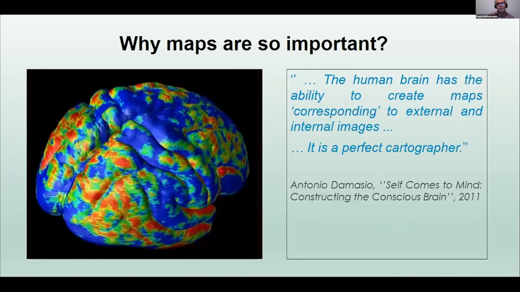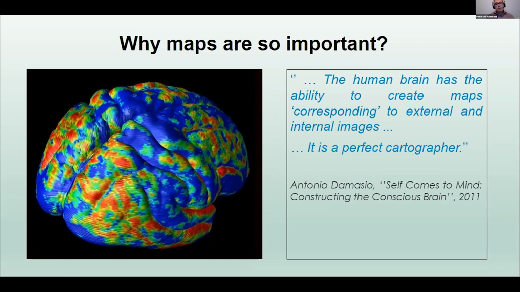So why maps? Why maps are so important for human beings? Basically, the answer is provided by the neuroscientist Antonio Damasio. He says that the human brain has the ability to create maps corresponding to the external and internal image. Basically, Damasio says that our brain is a perfect cartographer.